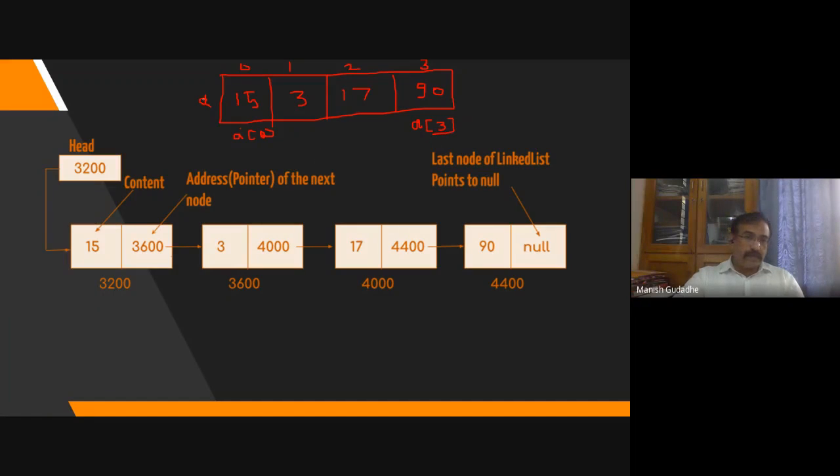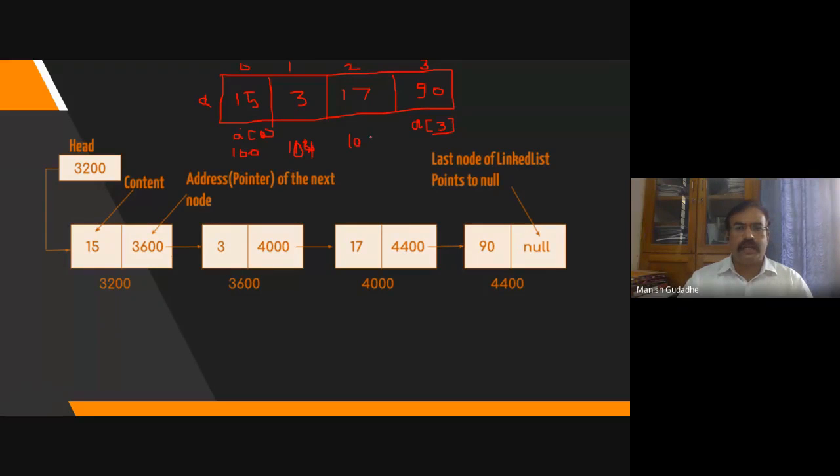But only thing is, if this is the base address, the address of its first element, then all the other elements will be at a particular distance from that element. So if it is an integer and it is taking 4 bytes, it is sure that this is going to be stored at 100, 101, 102, 103 will be consumed by this, and 104 will be the location for this.